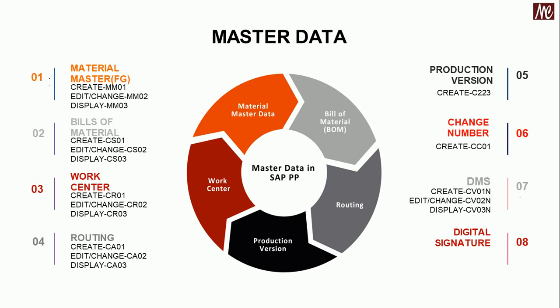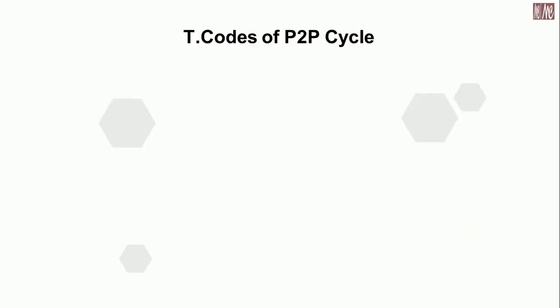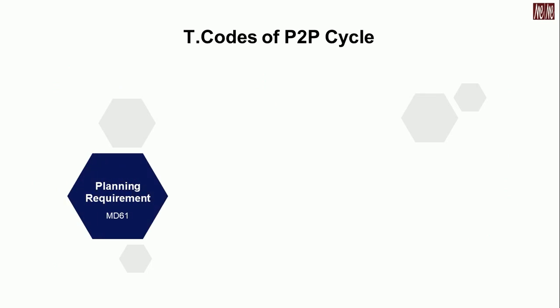Going ahead to understand the transactional data aspect. The first transactional data listed here is called planning. If you are going for MTS, make to stock, then planning is definitely required. Planning is required for both MTO and MTS, make to order and make to stock.